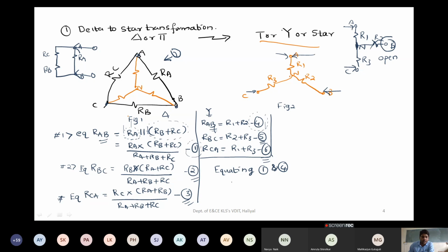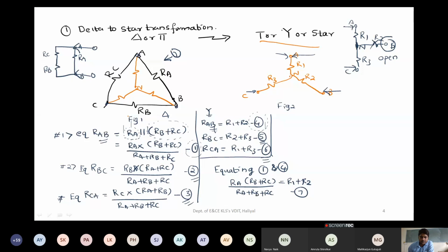If you equate the RHS values, what we get is RA multiplied by (RB plus RC) whole divided by (RA plus RB plus RC) equal to R1 plus R2. So I may call this equation 7.